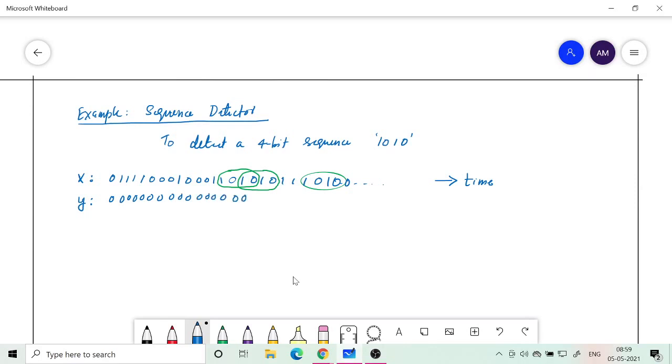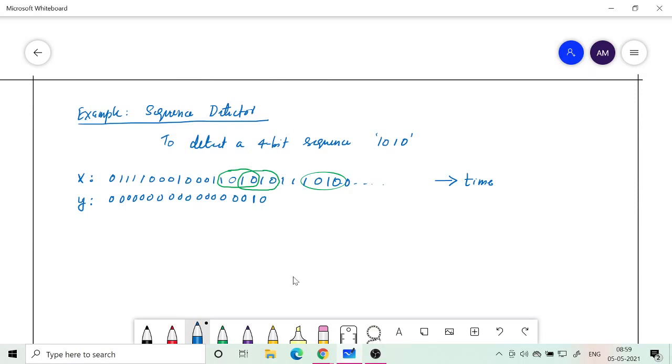So far we have not detected, but when the next bit comes, then I would like to have a 1 there. And then if I consider the last 2 bits as part of the next sequence, if I want a design in that manner, then I'll have 0 here, because the last 4 bits now are 0 1 0 1.